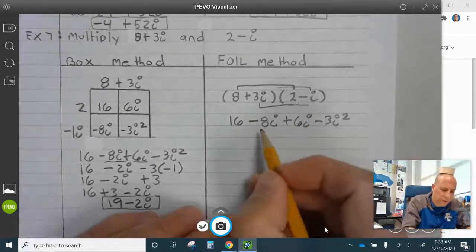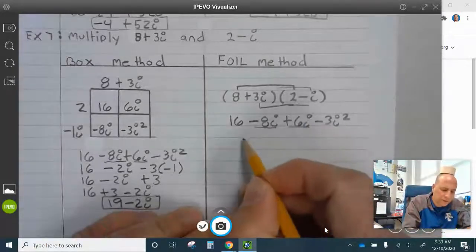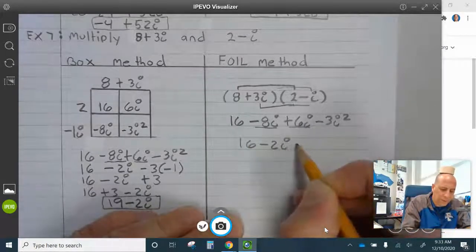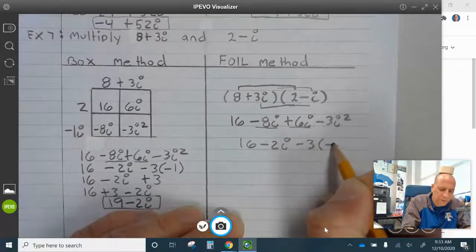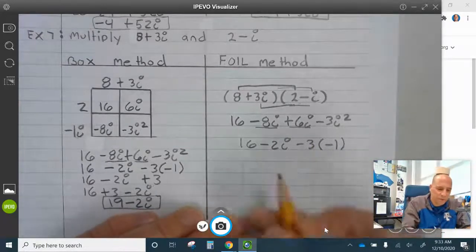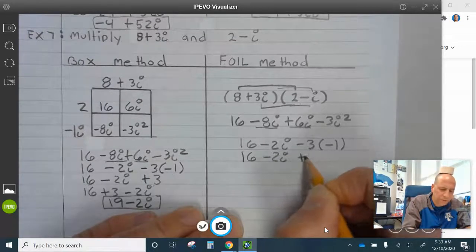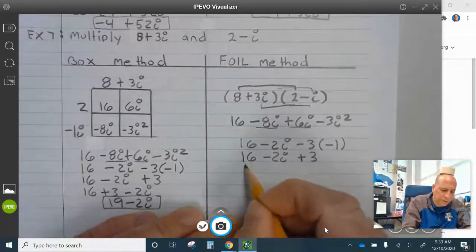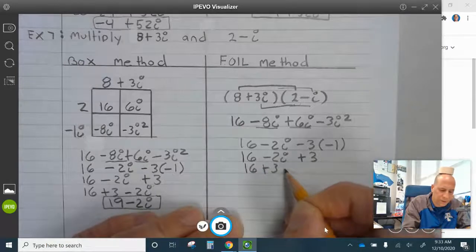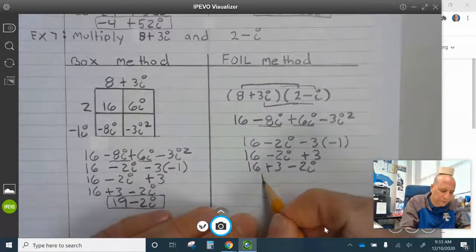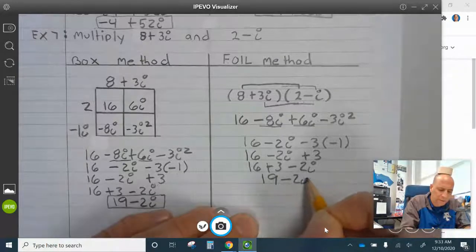Okay, so then we can group these together. So that's 16 minus 2i minus 3 times i squared, which is negative 1. So then that's 16 minus 2i plus 3. We can group this together. So 16 plus 3 minus 2i. So 16 plus 3 is 19 minus 2i.